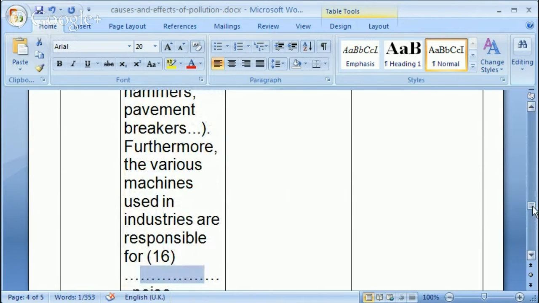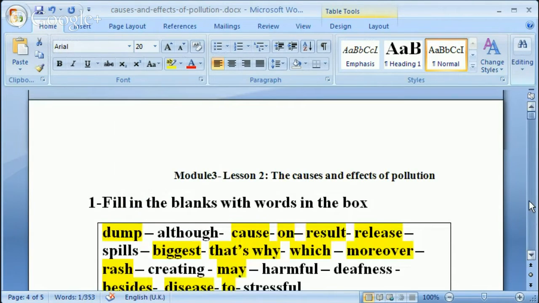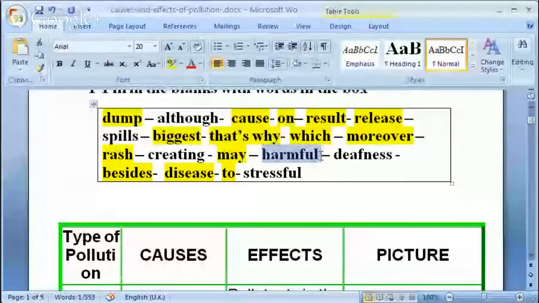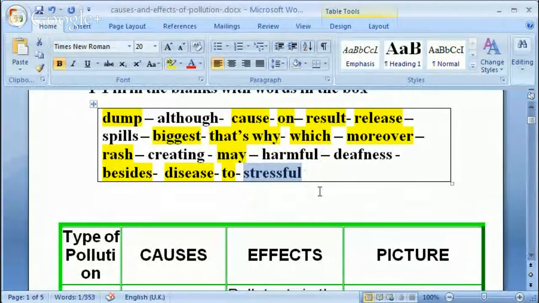What adjective is possible here? Got to be an adjective. Could be harmful noise or stressful noise. That's basically the only choices we have left. Now, in reality, it could be either one. Let's see.